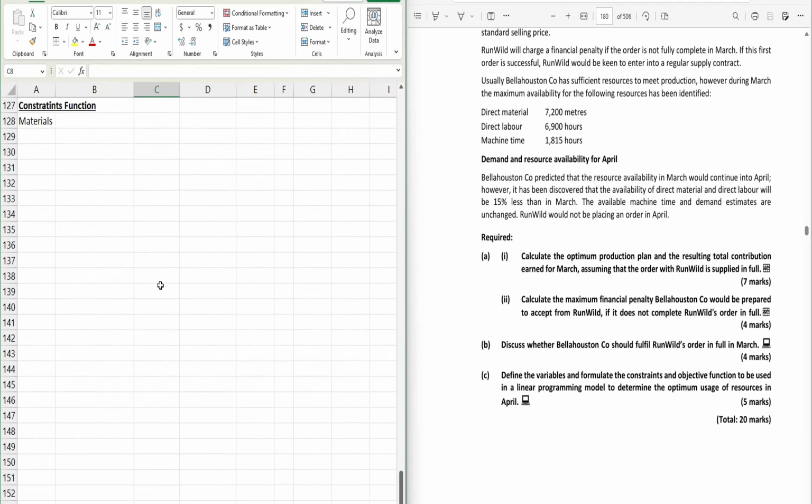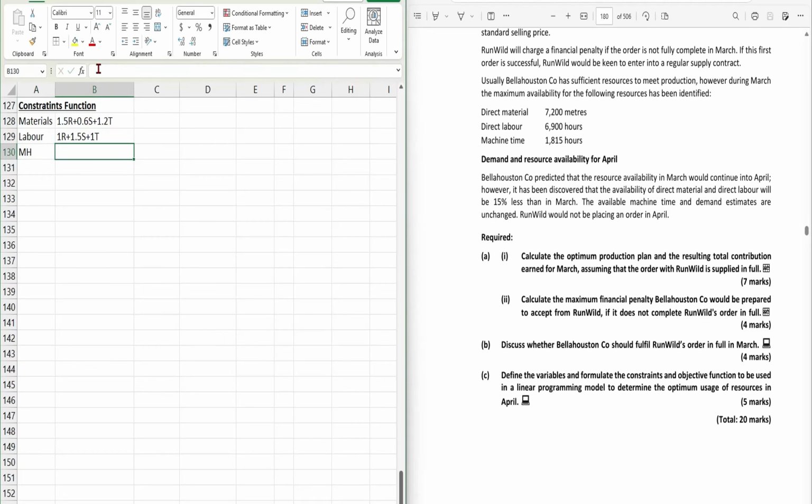So here we can write that for material, it is 1.5R plus 0.6S plus 1.2T. Okay, so this is the constraint for the material. And for labor we have 1R plus 1.5S plus 1T.